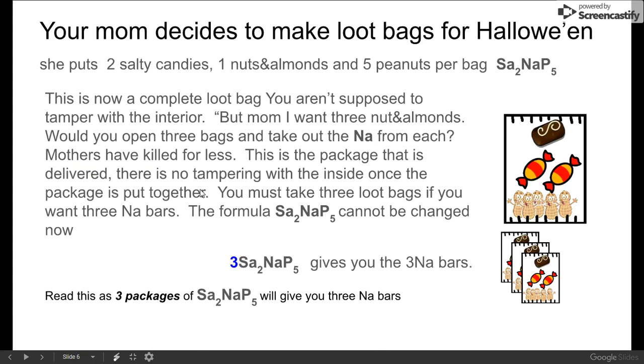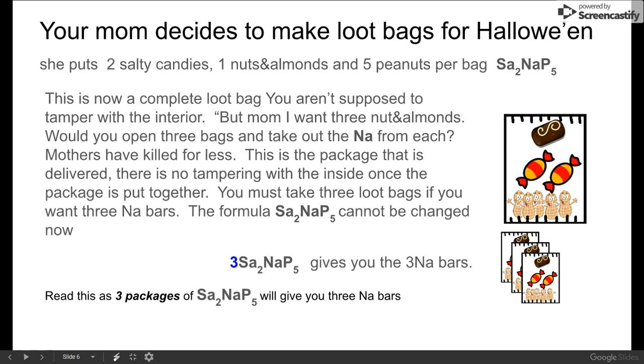She decides she's going to put a loot bag together with 2 salty candies, 1 nut and almond cluster, and 5 peanuts per bag, because your mother's just that specific. It has the formula Sa2Na-P5. That's the bonded package.